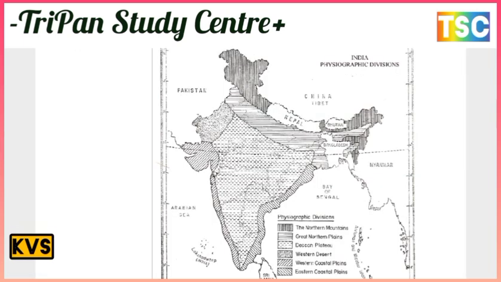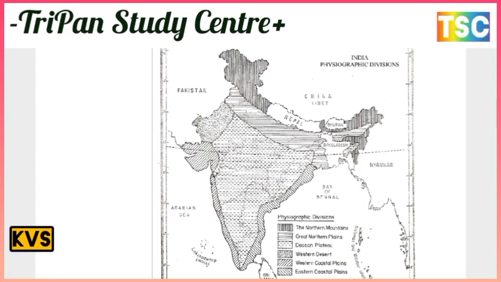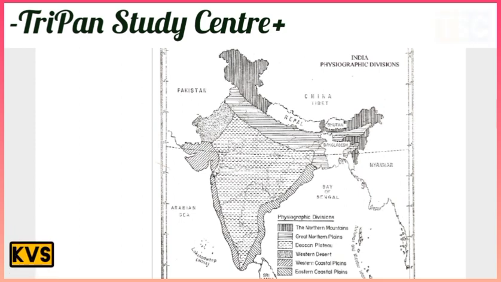Now here is the Indian physiographic division. The most important here is the map. The first here, the northern mountains are the Himalayas, and the great northern plain is Punjab, Delhi and Uttar Pradesh.